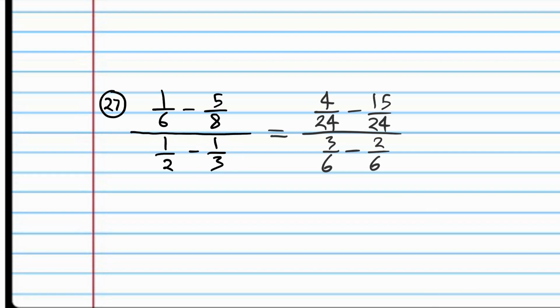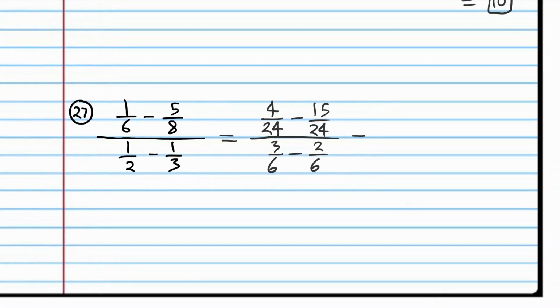And now we have a common denominator in the denominator. All right. So now we're going to combine. So 4 24ths minus 15 24ths is negative 11 24ths. And 3 6 minus 2 6 is 1 6th.